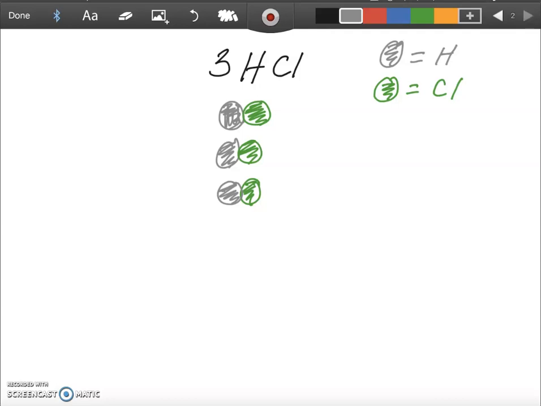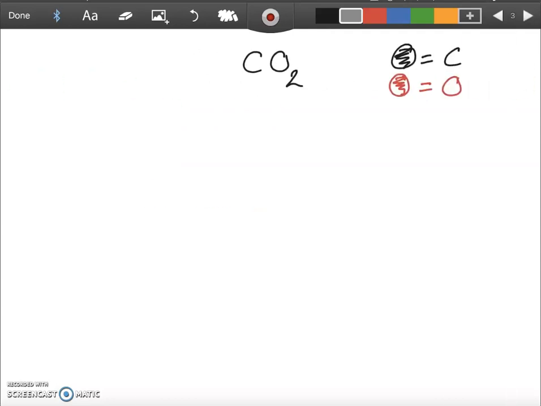Let's do another example. CO2, okay? Now let's say we've got 2 of these. How would the particulate drawing for this one look? Well, we're going to represent the carbon with a black circle, the oxygen with a red circle.